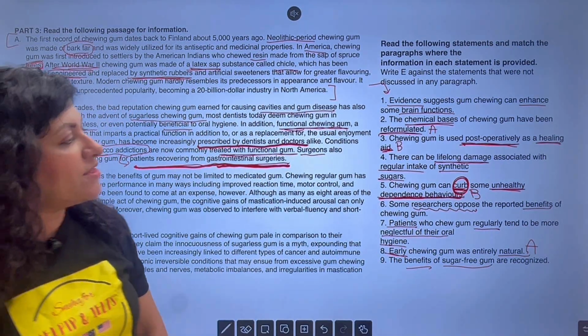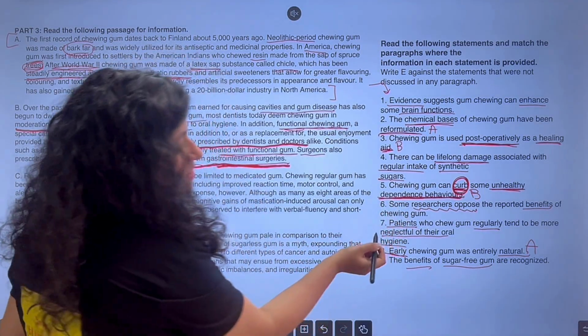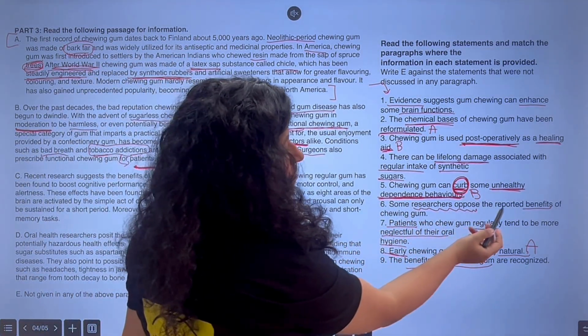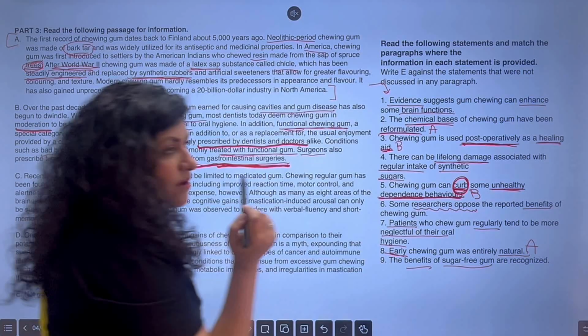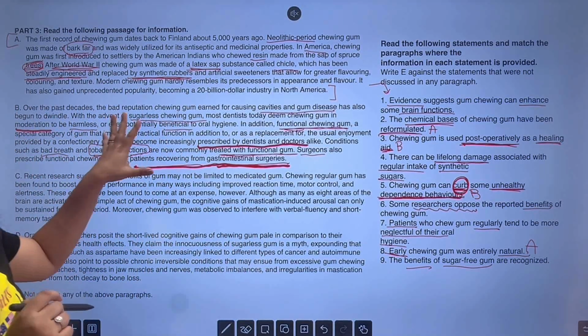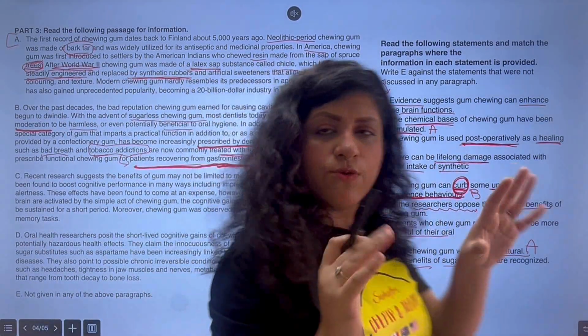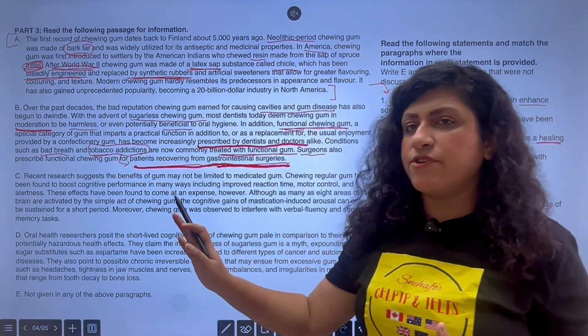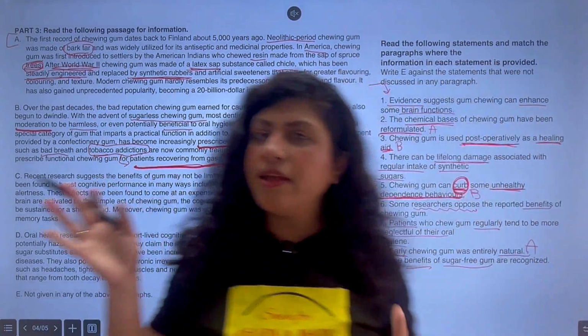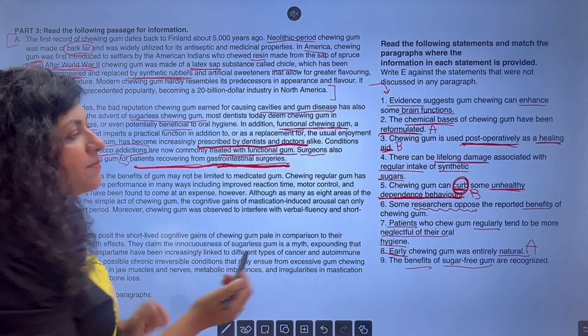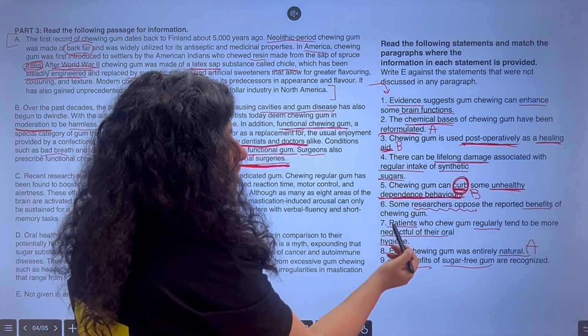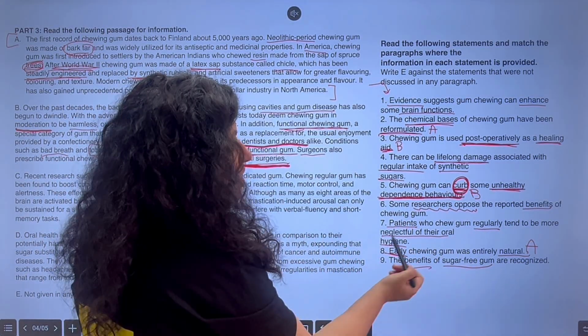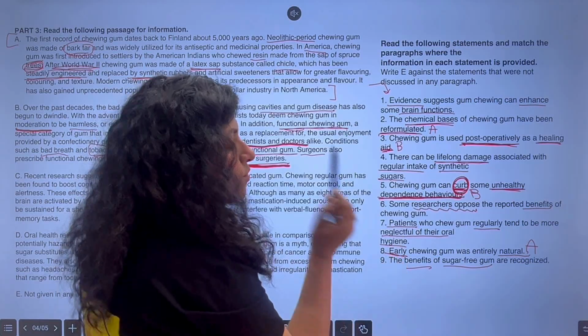And now we are left with these questions. Question number 6. Some researchers oppose the reported benefits of chewing gum. So in para B, I know that it only talks about benefits. It does not talk about anything negative related to chewing gum. So it's not there in B. Patients who chew gum regularly tend to be more neglectful of their oral hygiene.